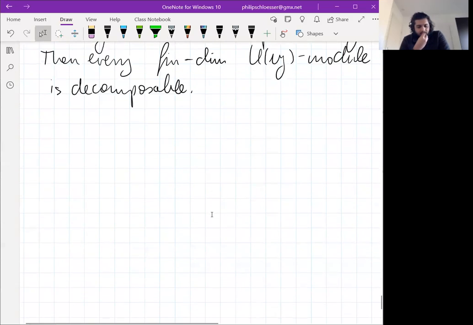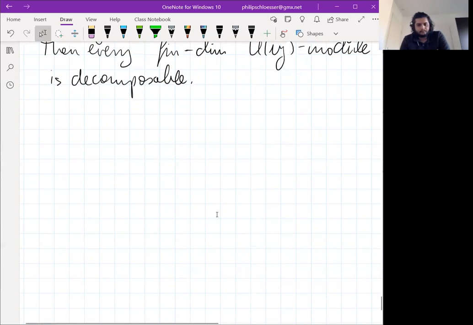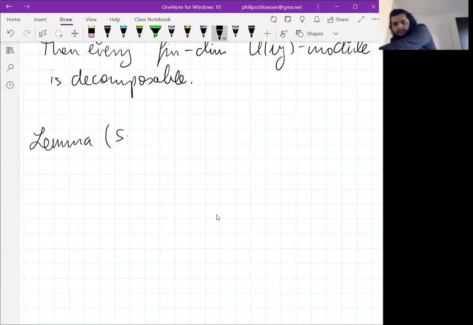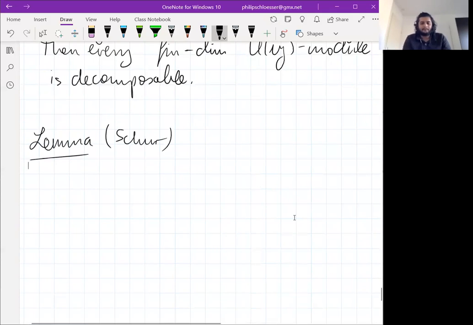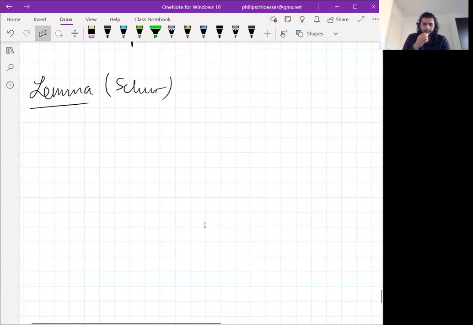And I guess now for the big result that we can formulate in this very general setting, and it's the one lemma that we always talk about when we have representation theory, namely Schur's lemma. There are so many different ways of formulating it, but I've recently seen a very nice formulation which I'm going to pose here.